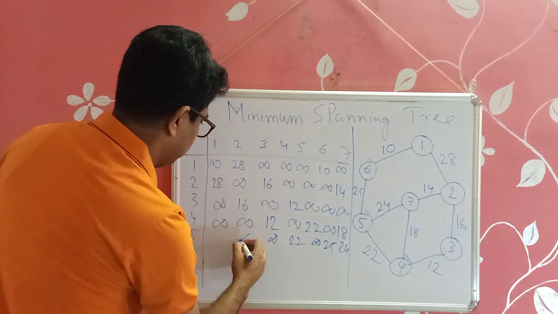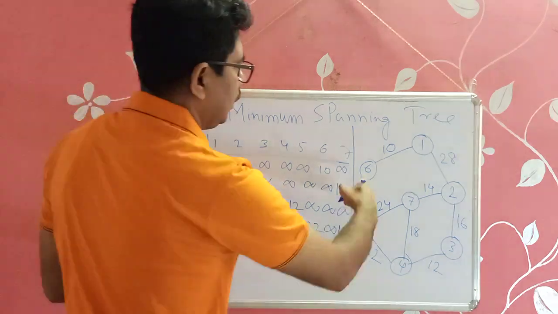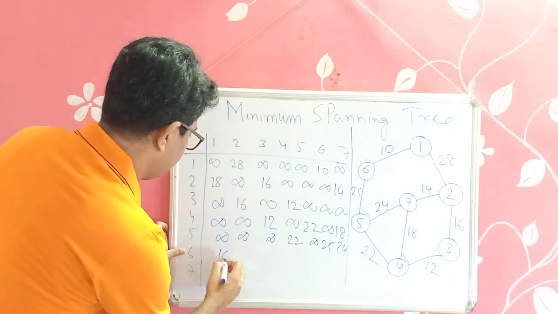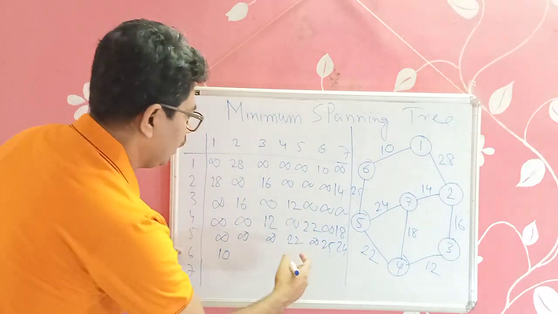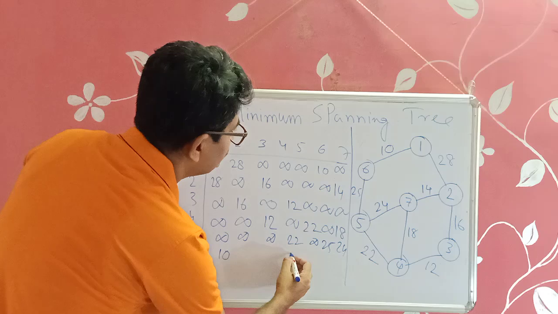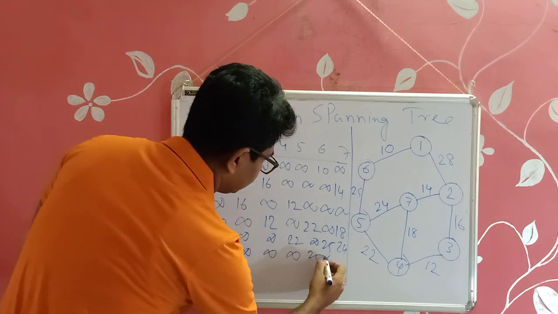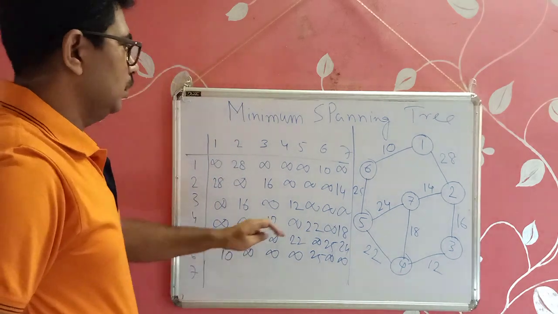Others are infinity. Then from 6: 1 and 5. 6 to 1 is 10, and 6 to 5 is 25. The rest are infinity. Okay.